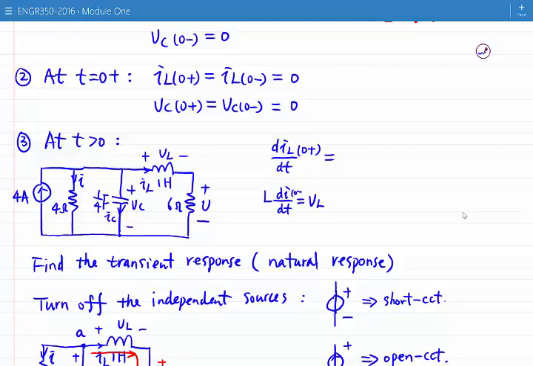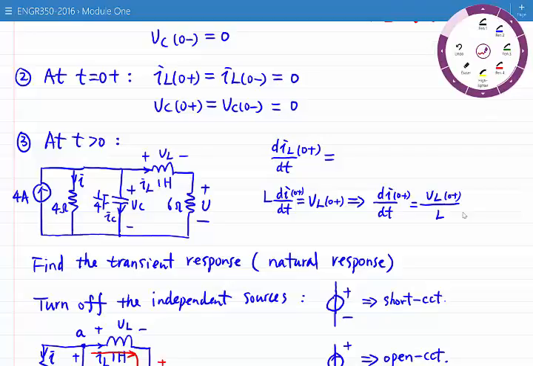This is also valid when t is 0 plus. So from here, we can solve for dIL over dt at post 0 time, which is equal to VL(0+) divided by L. So how do we find VL? We can use Kirchhoff's voltage law. If we want to find VL, we can look at this loop.